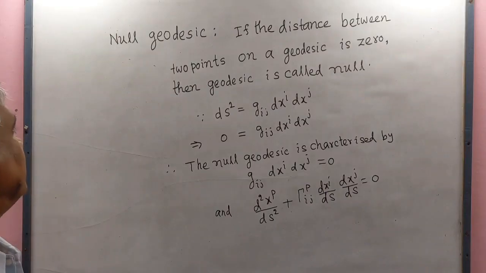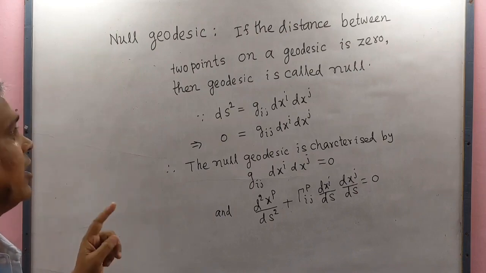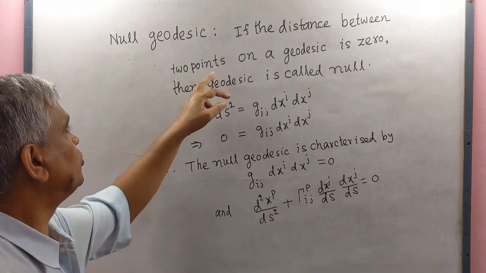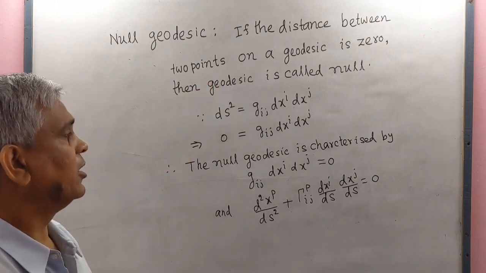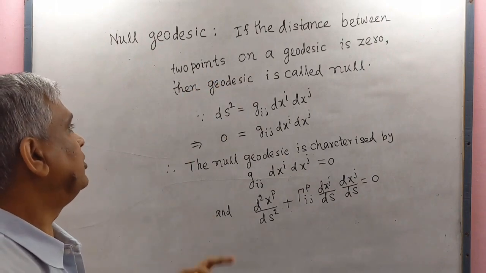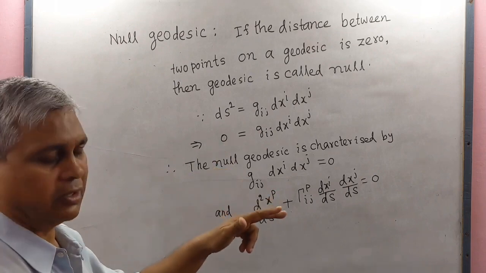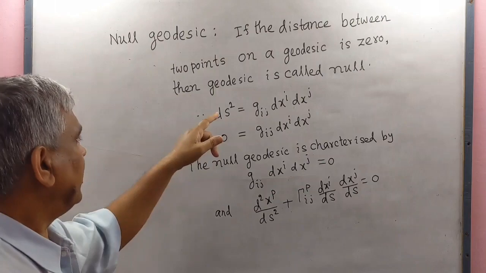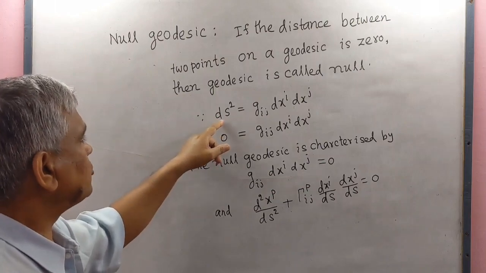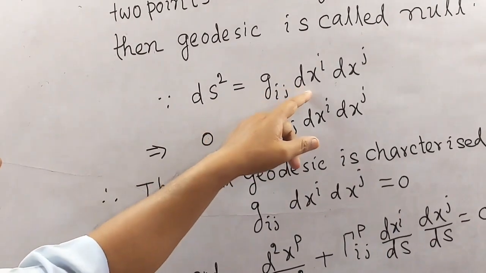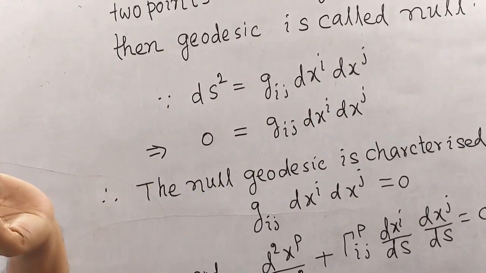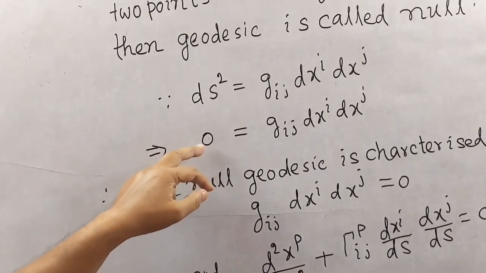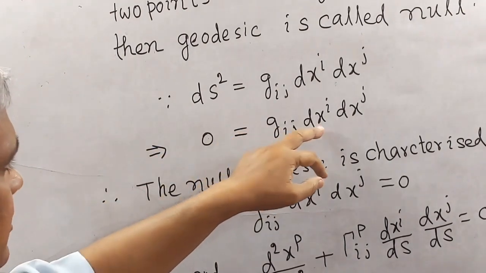Now we shall define null geodesic. What is null geodesic? If the distance between 2 points on a geodesic is 0, then geodesic is called null. Since the line element is written as ds square equal to gij dxi dxj, here ds is 0, right side gij dxi dxj.